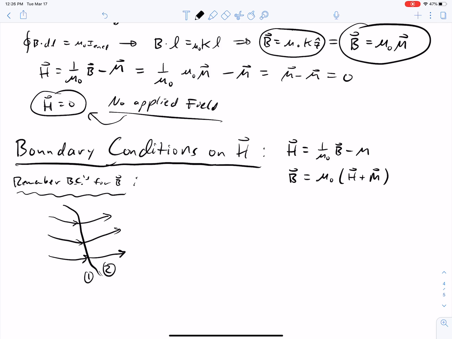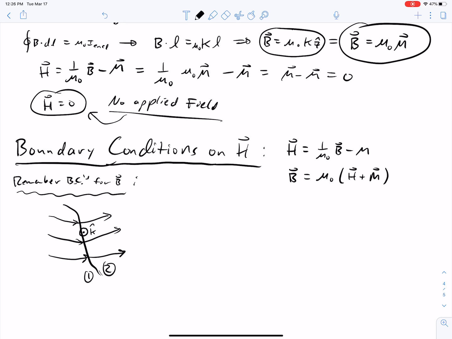And to make this a very general problem, let's assume that on that membrane, on the interface, there's some current density flowing through that interface. That's the current density coming out of the board. And then I have to define a normal vector to the interface, n hat.